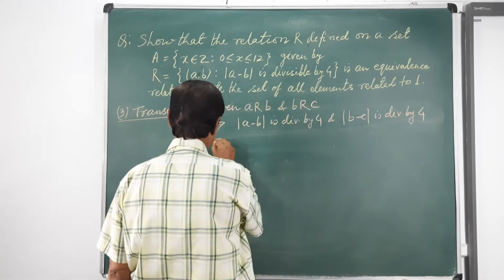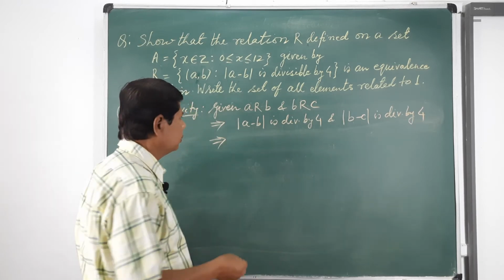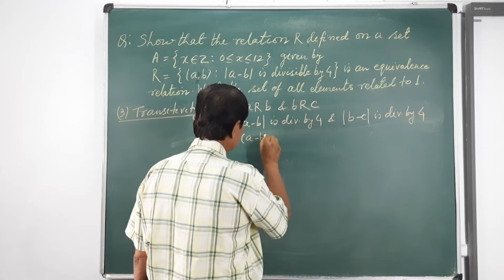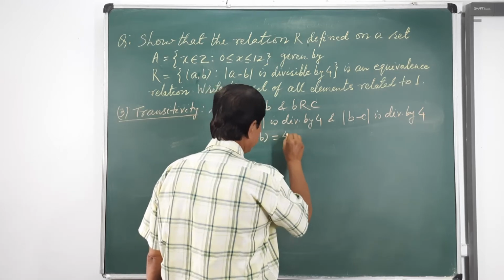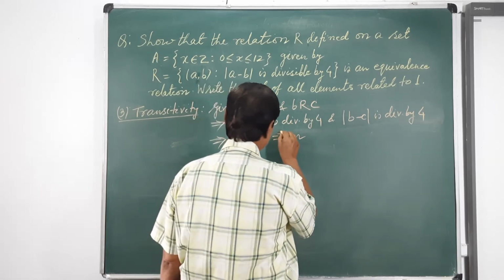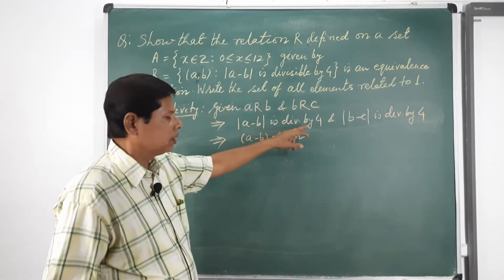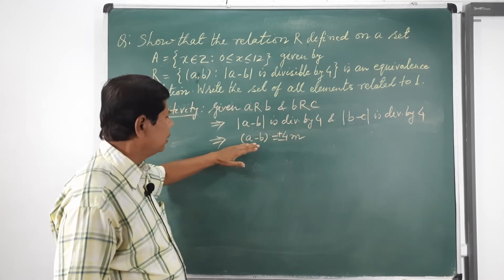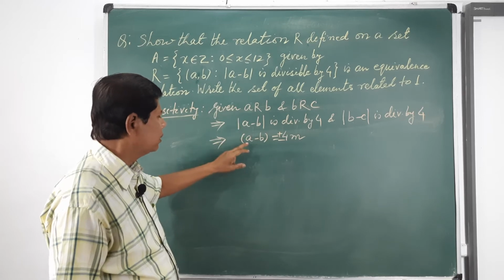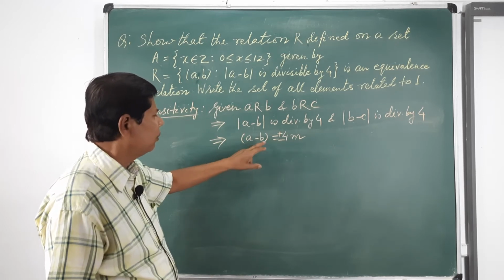This implies, if mod of a minus b is divisible by 4, therefore we can write a minus b is equal to plus or minus 4m, because mod of a minus b is divisible by 4. So a minus b can be negative or positive, depending upon whether a is greater, in which case it will be positive, or a is smaller, in which case it will be negative.